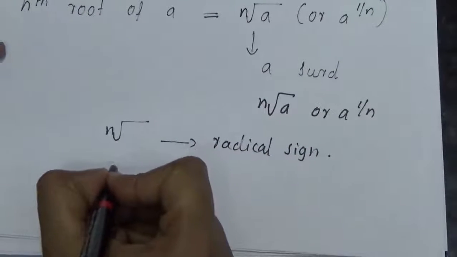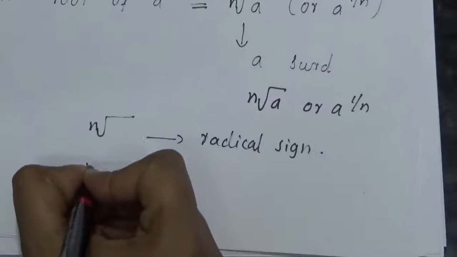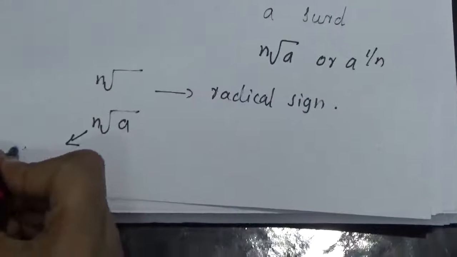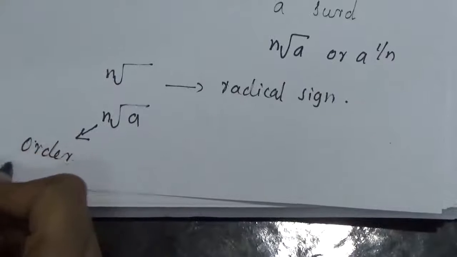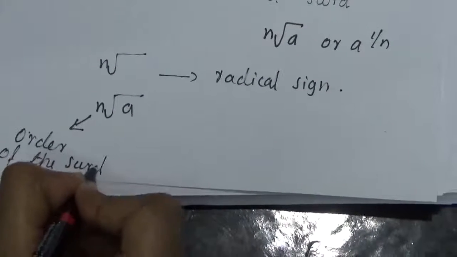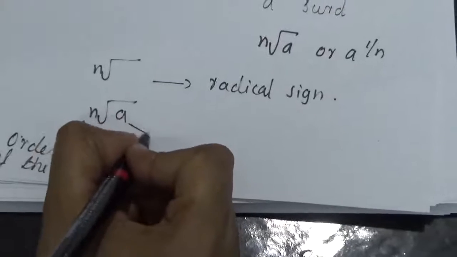Okay, and in nth root of a, this n is called the order of the surd. Okay, and this a is called the radicand.